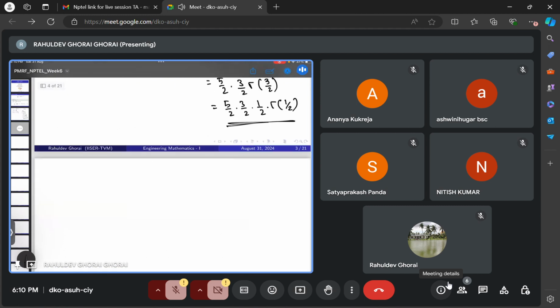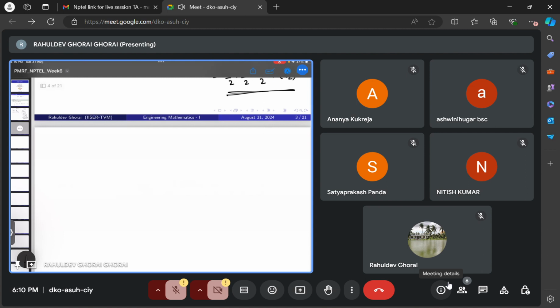So now, knowing all these things, let's do this question: how can you evaluate this one? This is a very compact form. So k, you take any real number.